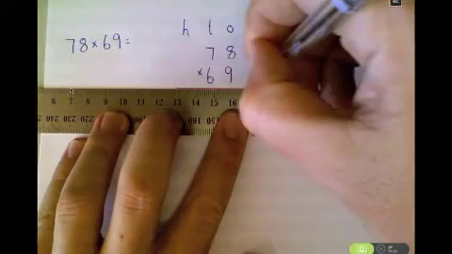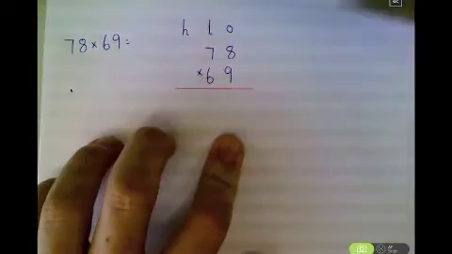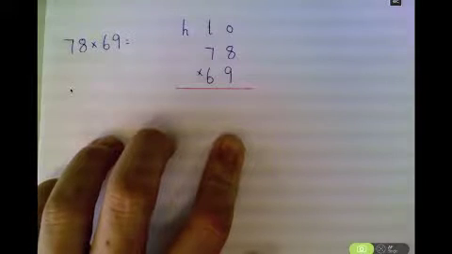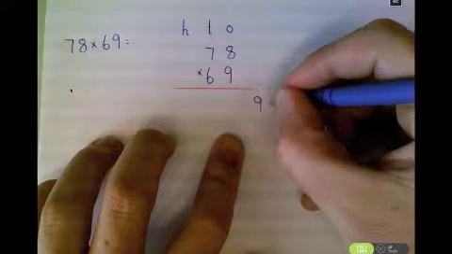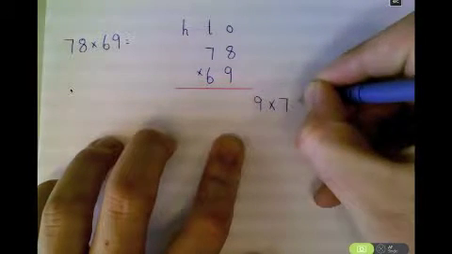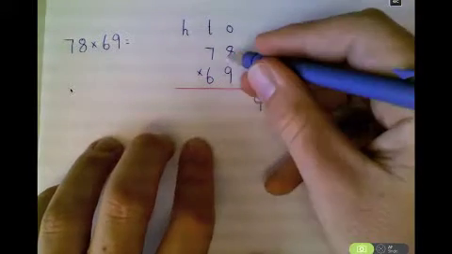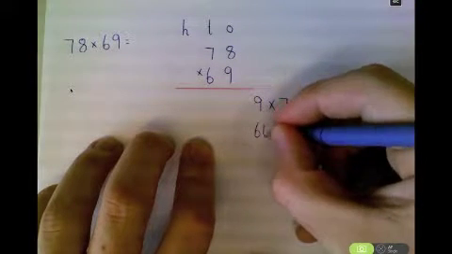Blue line. Our two lines this time are going to be 9 times 78 and 60 times 78.